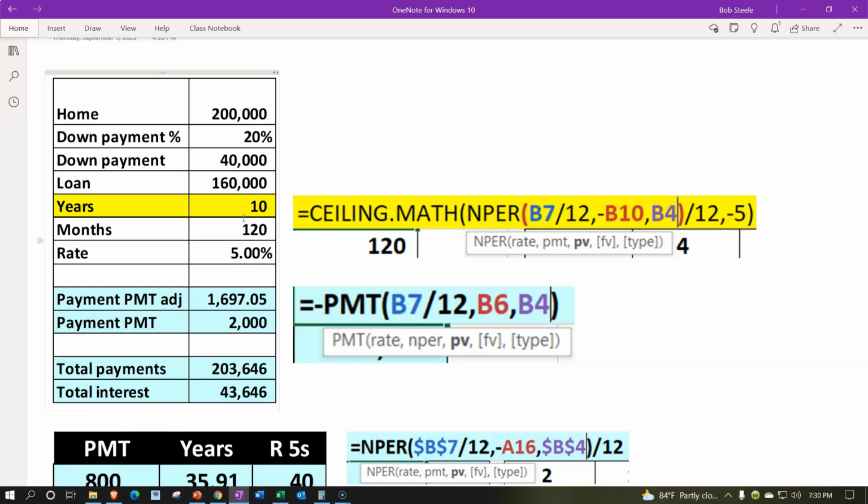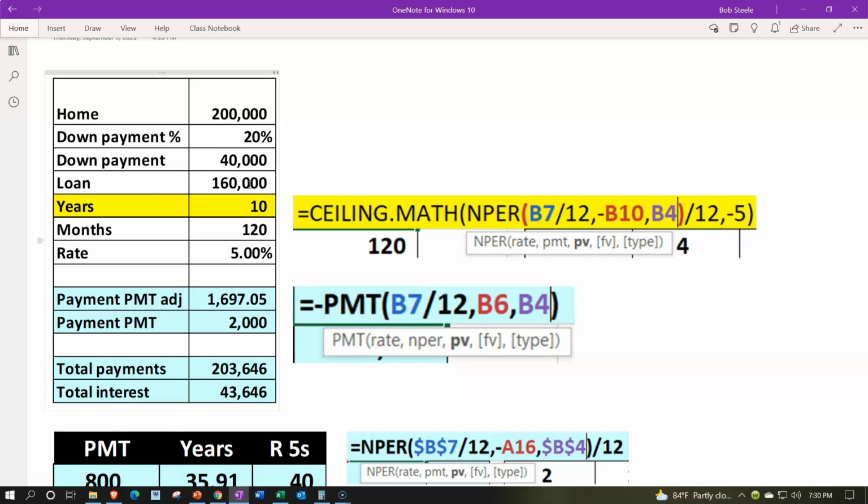Now we could round it using just a round function, which would be equal round, and you could round it to the nearest whole number, or you could round it to factors of 10 if you wanted to round up, which might give you the idea that I'm going to always round up rather than rounding down. Then you can use a round up and round it either to the year or in increments of 10.